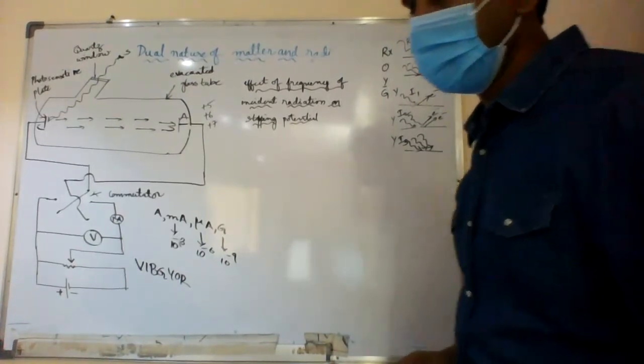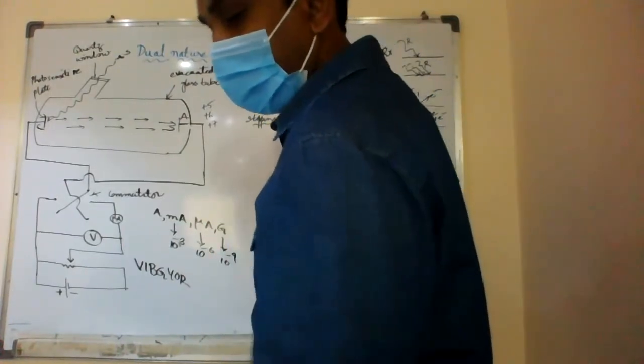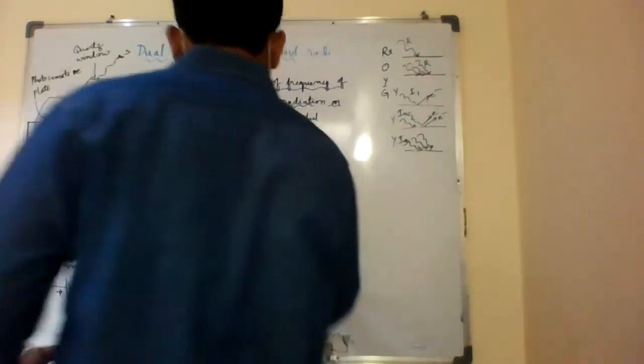Now, the effect of frequency of incident radiation on stopping potential. Let's draw this graph and see.